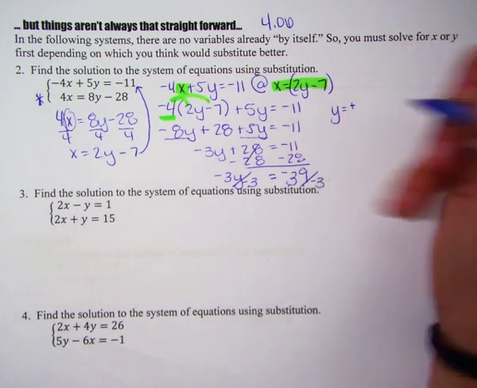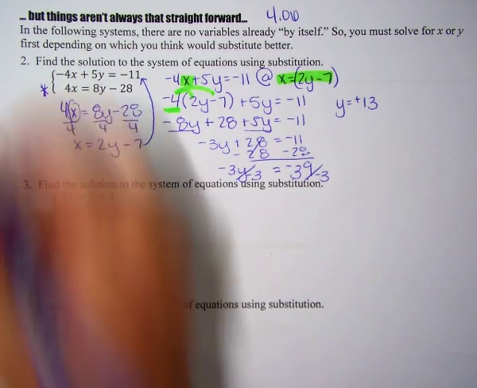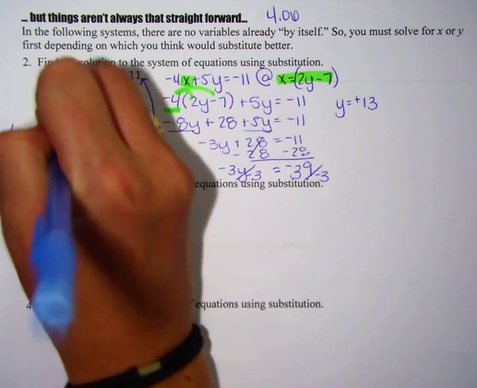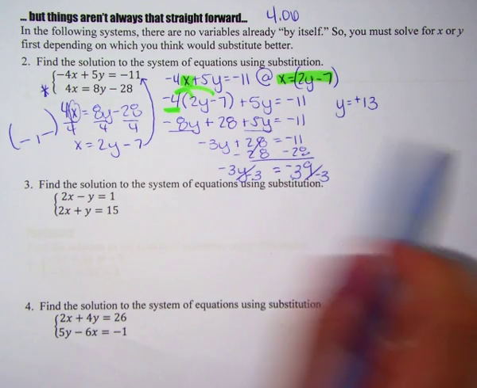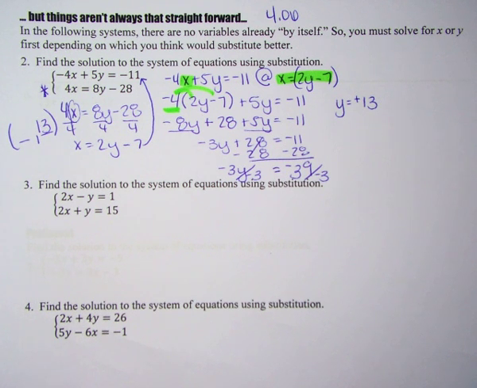Y equals a positive 13. Okay, so let me go back to the beginning here. I'm going to write blank comma blank because 13 is our y coordinate, so I'll substitute it into the second slot.